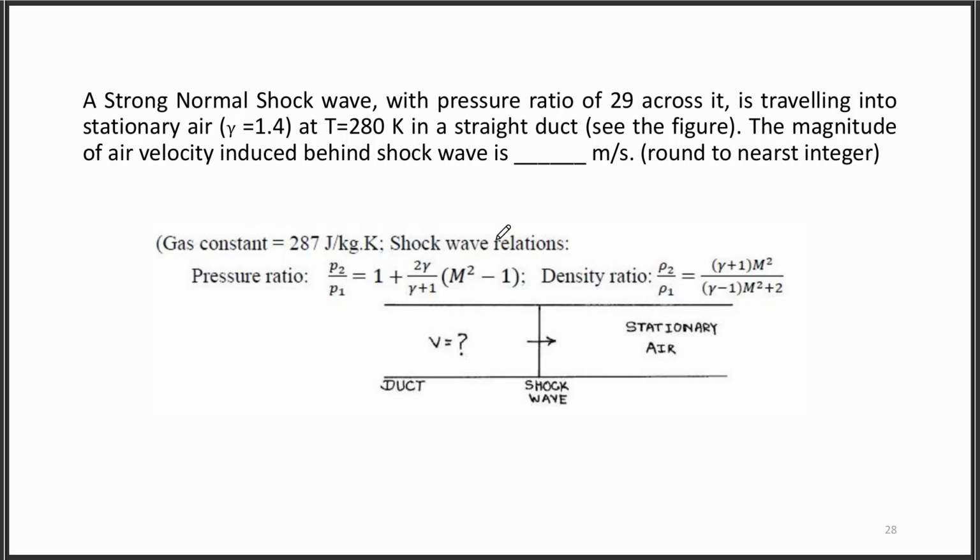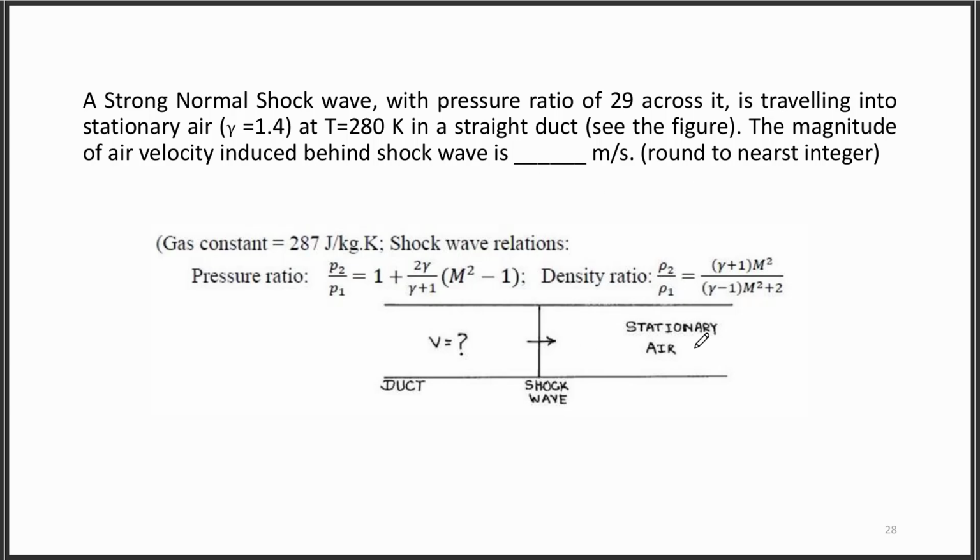Now we will solve one problem. A strong normal shock wave with pressure ratio of 29 across it is traveling into stationary air, gamma equal to 1.4 at T equal to 280 Kelvin in a straight duct.